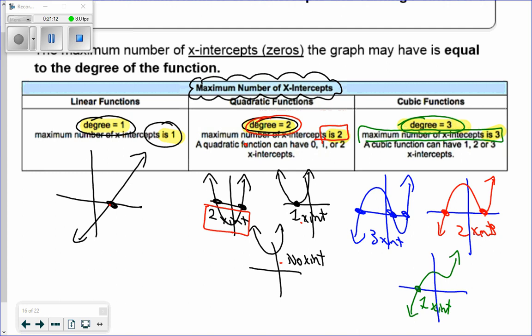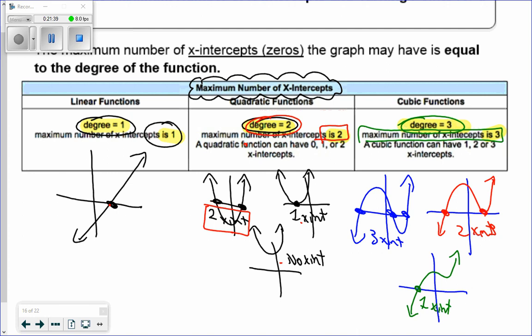Linears have to have 1. That is a non-negotiable. Quadratics can have 2, 1, or 0. Cubics can have 3, 2, or 1, not 0. The maximum number cannot be more than the degree. So for example, a quadratic cannot have 3 x-intercepts. The most it can have is 2 because the degree is 2.